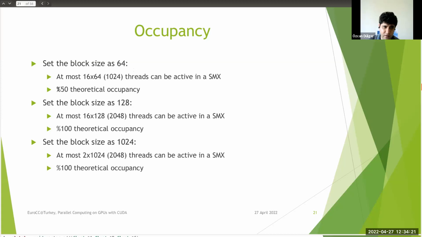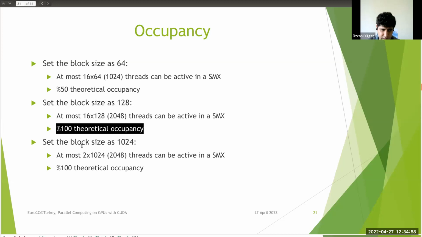So we benefit only 50% of theoretical occupancy. If we increase the block size to 128 and multiply it by 16 blocks, we achieve 2048 active threads. So we achieve 100% theoretical occupancy by increasing the block size, as you see.